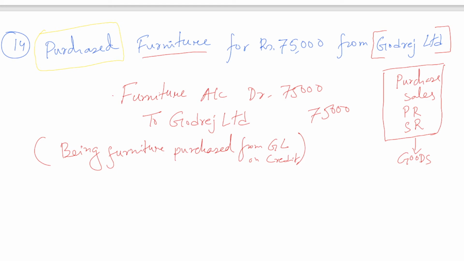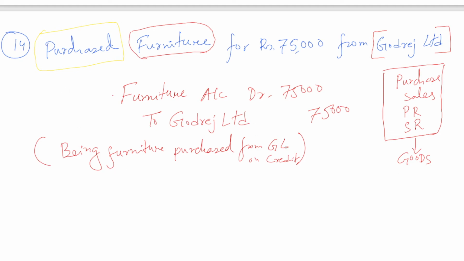Now, there may be a situation when we can write this transaction as purchase. Can anyone tell me in which situation we can write this particular transaction as purchase account debit to Godrej Limited? This furniture is an asset to the business in which it is purchased.